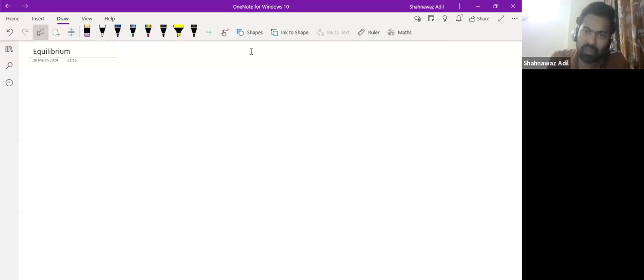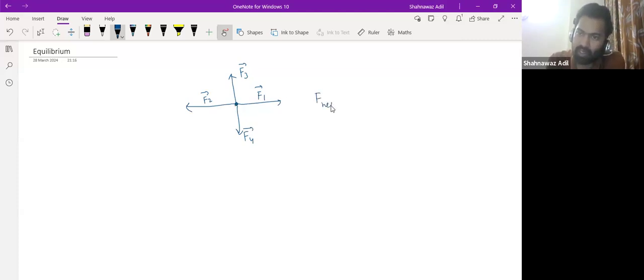So let's say this force is acting towards this direction, this force in this direction. So this is F1, this is F2, this is F3, and this is F4. So at this point, F net is 0.